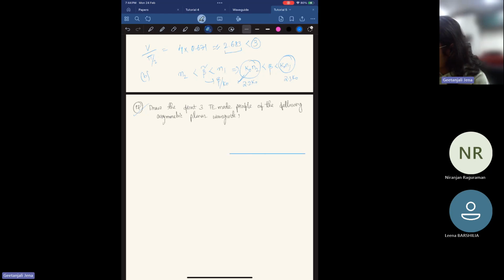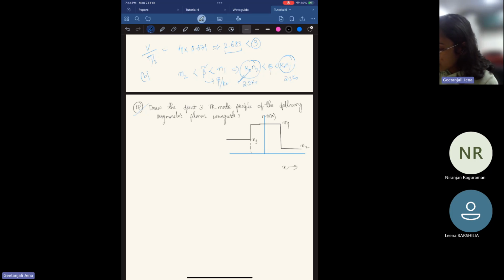There is an asymmetric planar waveguide, and next the X variation of N1, N2, and sorry, N3 and N2.